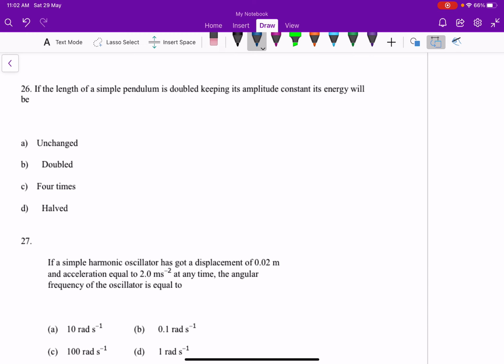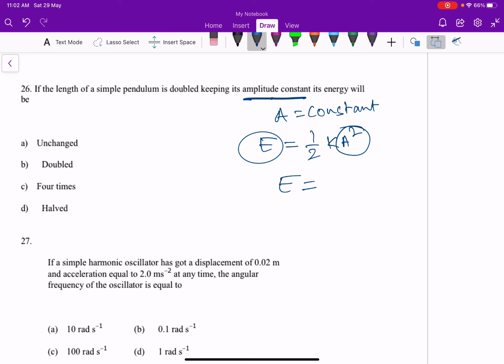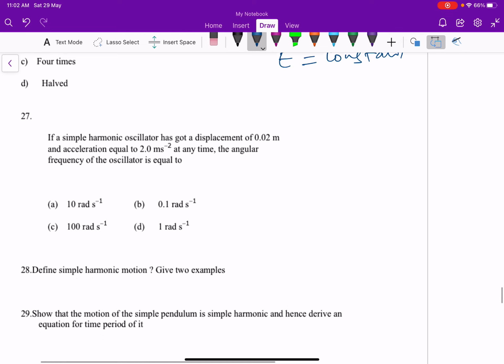If the length of the pendulum is doubled, keeping its amplitude constant, its energy will be, we know that total energy is equal to half k a square. As amplitude is constant, total energy is also constant, unchanged. So this is the correct answer.